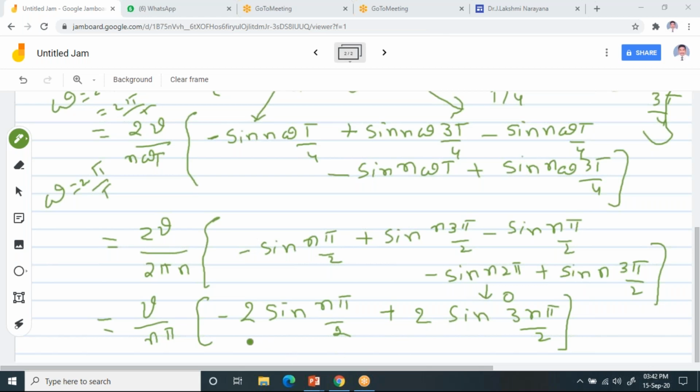Now you should be very careful from now onwards. The equation which I am going to get is 2, which is common. Now I'm going to use one more sheet for this.